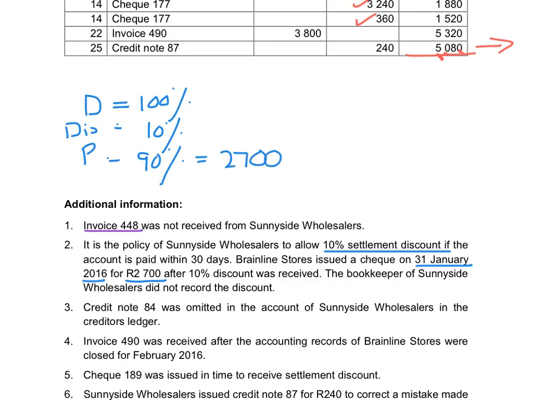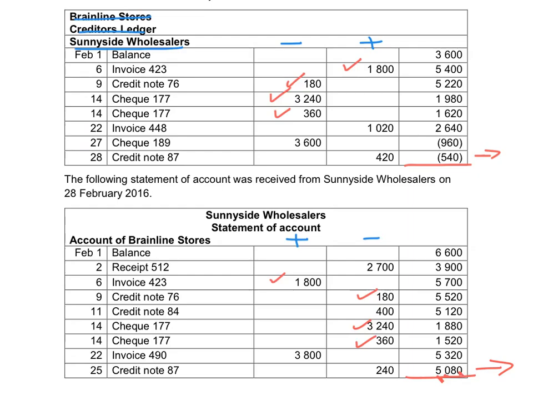If we want to calculate the discount, the one that I want, 10, over the one that I know, 90, times 2,700 will give me 300 Rand. If we look at these two accounts, we see that according to us, the opening balance was 3,600.